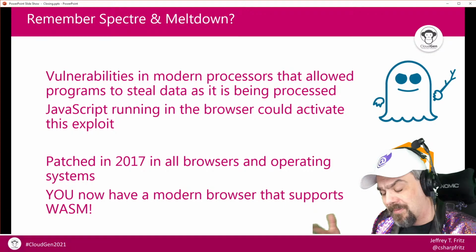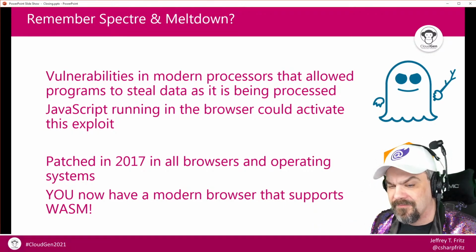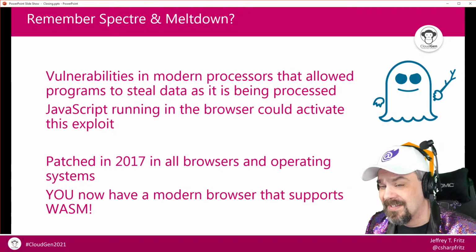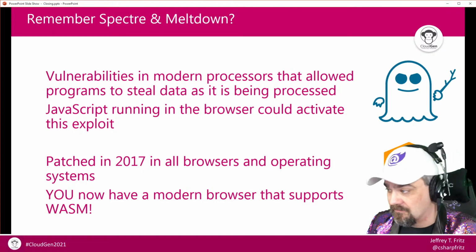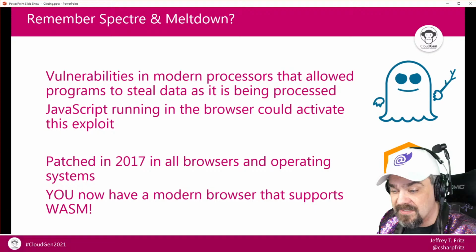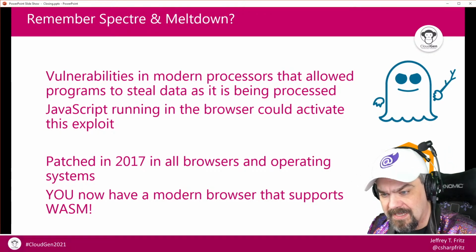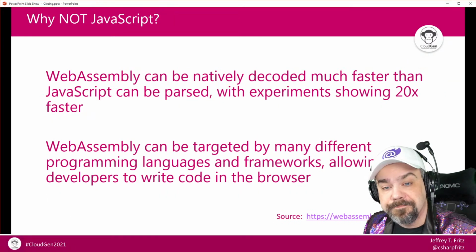So I don't have to worry about compatibility and somebody running Internet Explorer 5 out there and saying, oh gosh, I can't use WebAssembly because it's not in my browser. You can't use Internet Explorer 5 anyway, or else you're going to be hacked by one of these things. So okay, we're pretty safe. We've got a usable surface area that we can go into and work with.